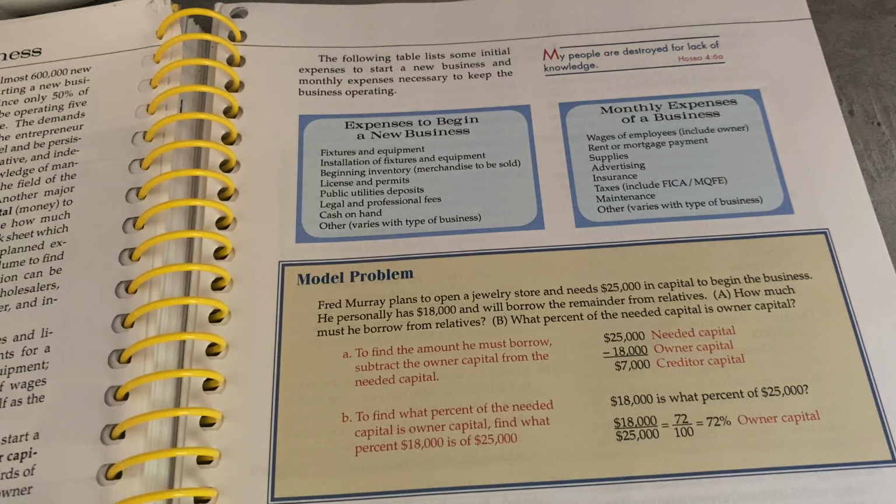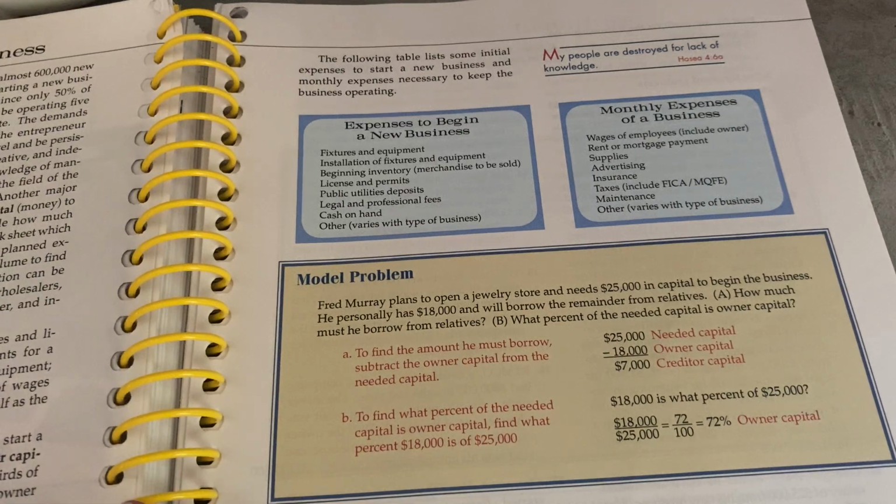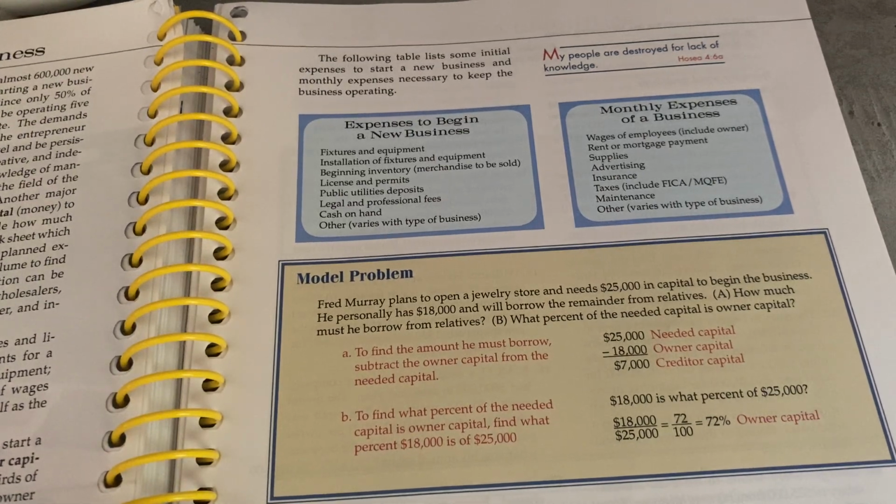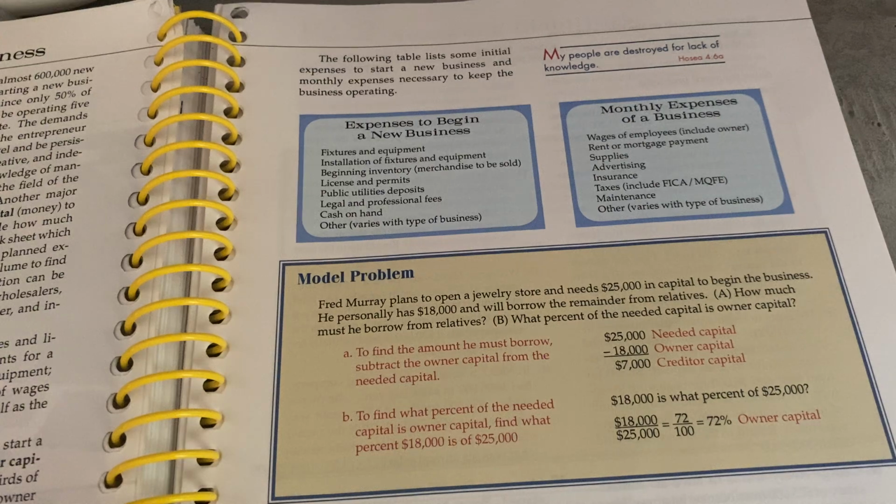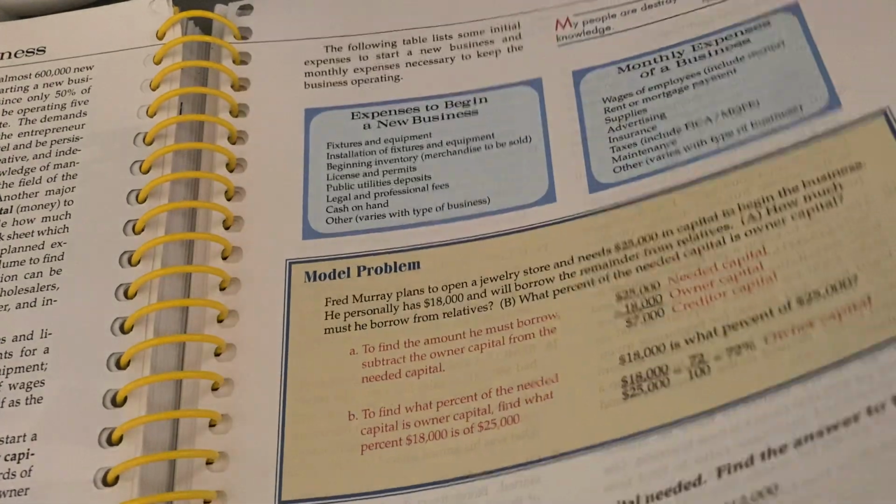So to find what percent of the needed capital is to be owner capital, find what percent 18,000 is of 25,000. Owner capital over needed capital would be that ratio. So that's what you can look and see whenever you have that ratio. Always remember that when you're doing a ratio, you're going to be finding a percent, right?